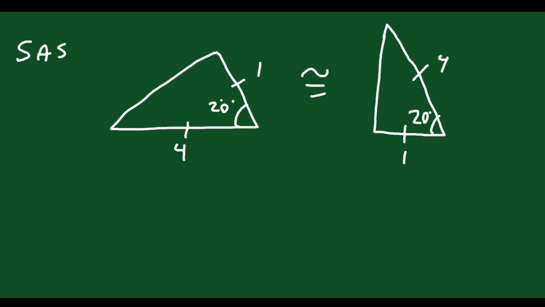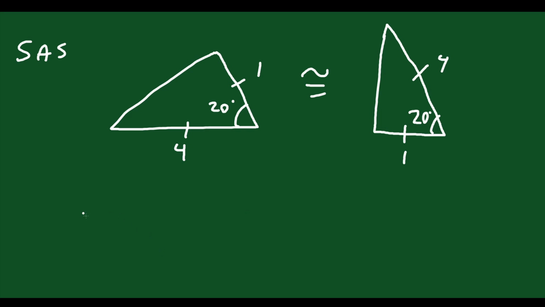So I just flipped this triangle and also kind of reflected it, right? But as long as you have a side and then an angle and then a side in that order like that, and you have it here as well, that confirms that these two triangles are congruent. There's just been some reflections and rotating going on.